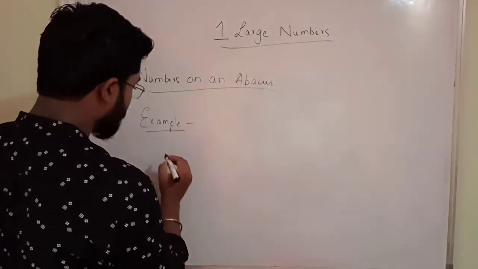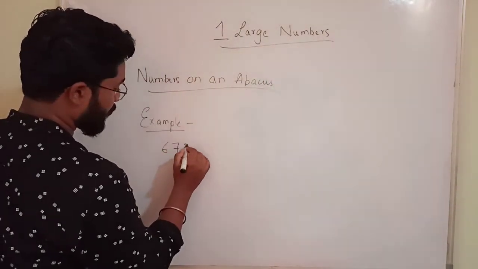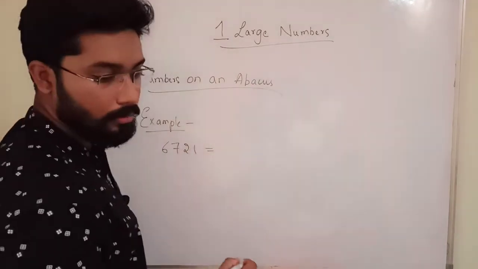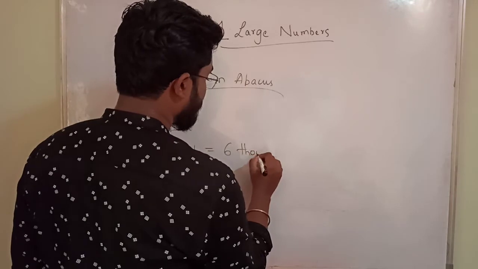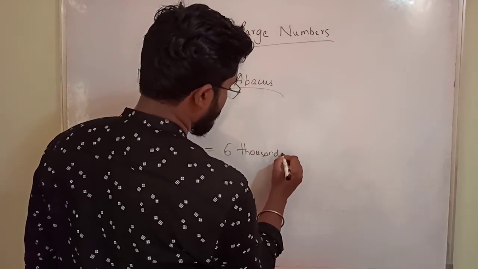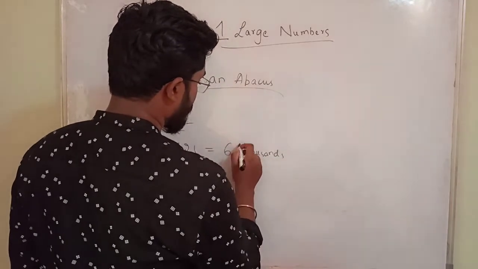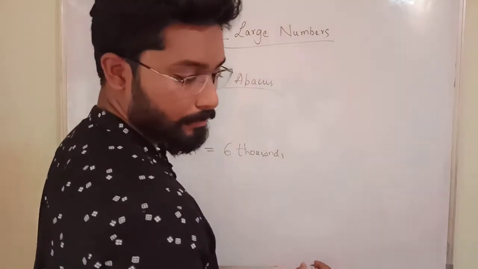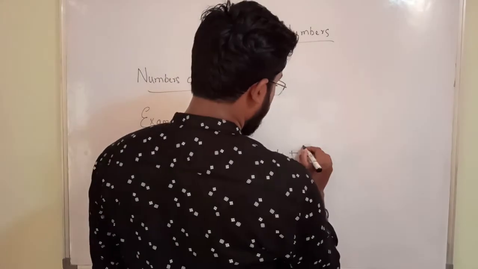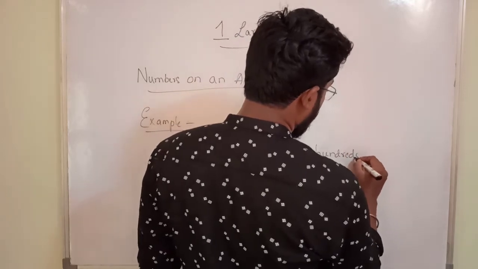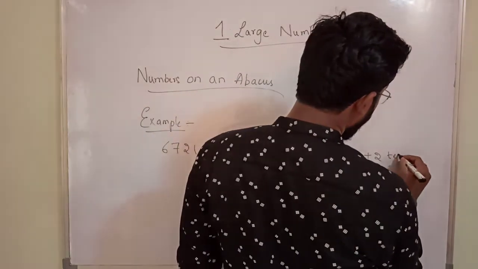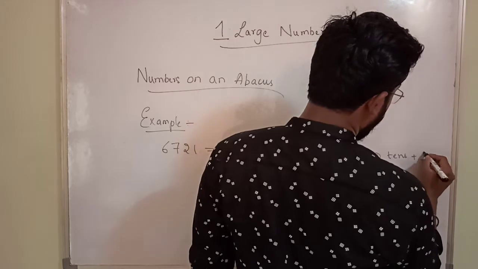He has given some number, 6721 equals, how can you write that? 6000 plus 700 plus 2 tens plus 1 ones.